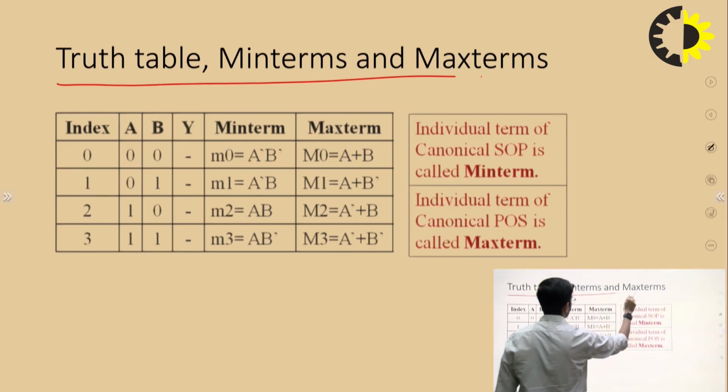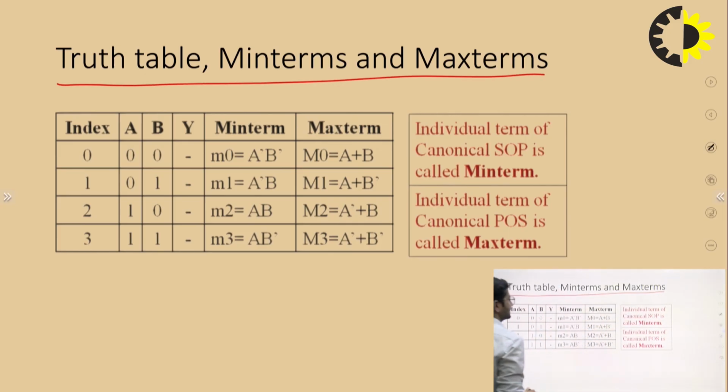Next is the truth table, min terms and max terms. So what are min terms and what are max terms? Let's say we are given a table with the values of A and B as 0, 0, 0, 1, 1, 0 and 1, 1, and Y is given as 0, 1, 1, 0.